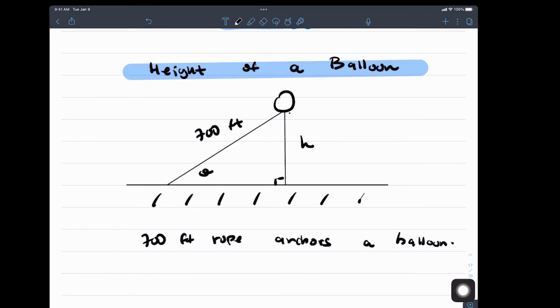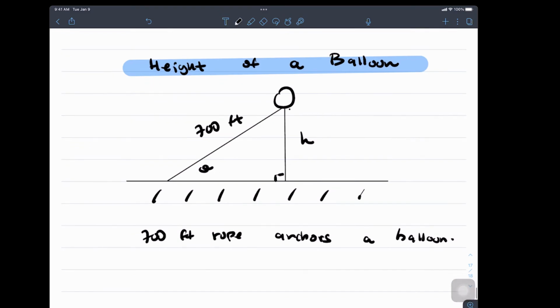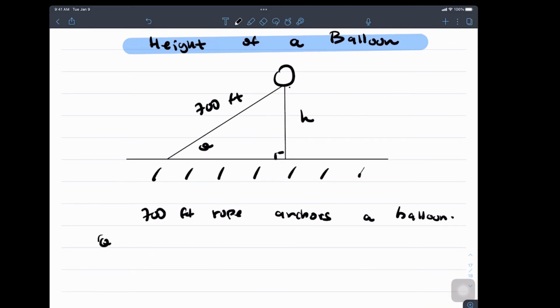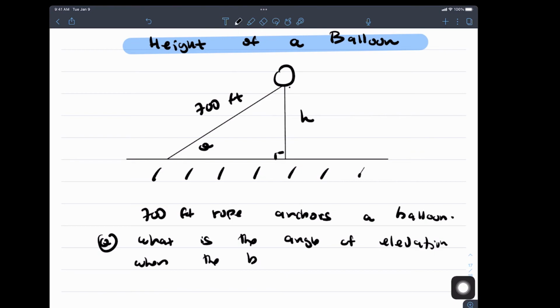Here's the question: what is the angle of elevation when the balloon is 400 feet above the what? Ground. Okay?